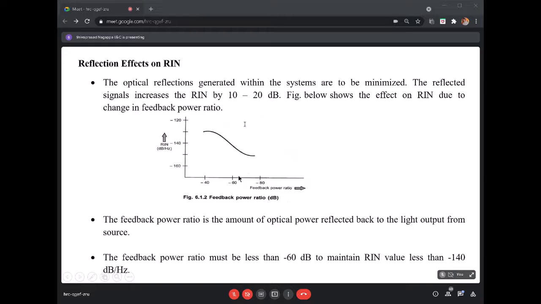It must be less than minus 60 dB in order to maintain the RIN value between minus 150 and minus 140 dB per hertz. So in order to obtain sustained, better efficiency, we need to maintain these values.